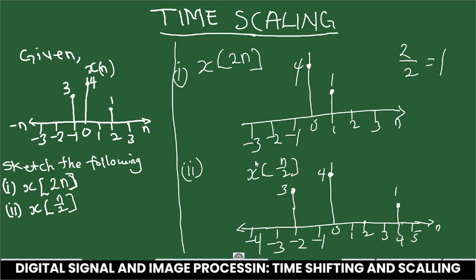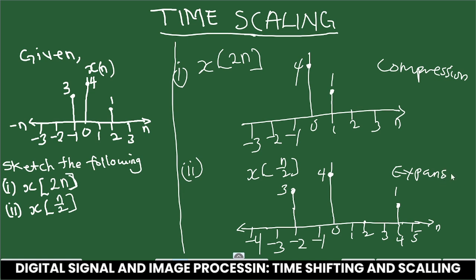So you can clearly see that when the scaling factor was greater than 1, the signal compressed, the size of the signal reduced. We call this compression. But when the scaling factor was between 0 and 1, here 1/2, we can see clearly that the signal expanded.